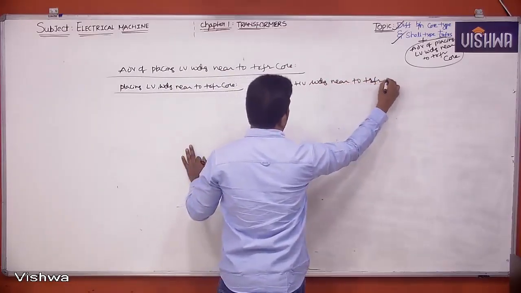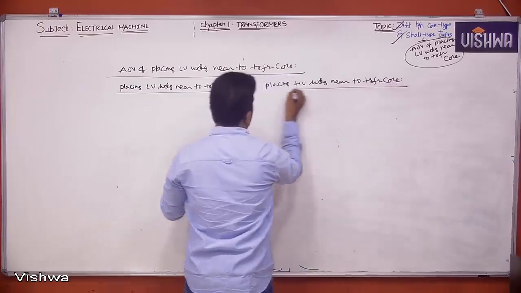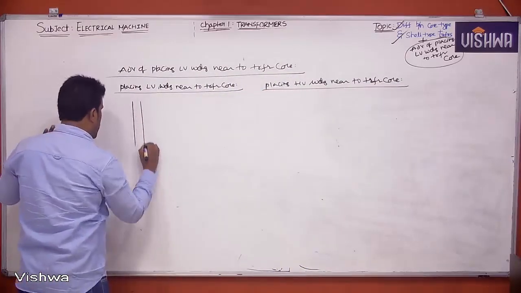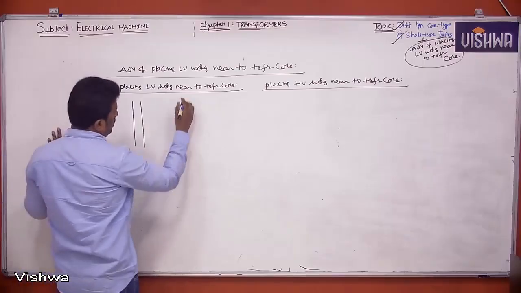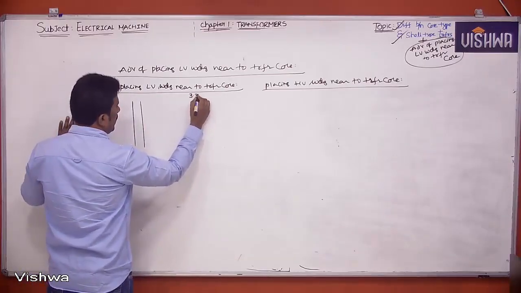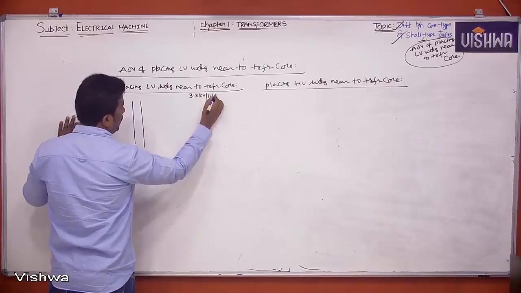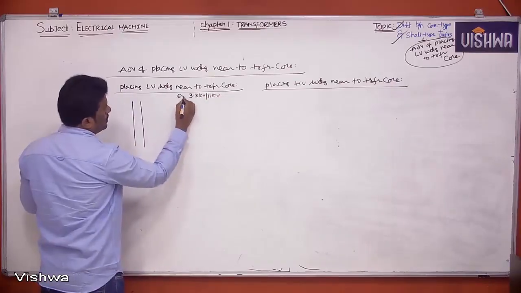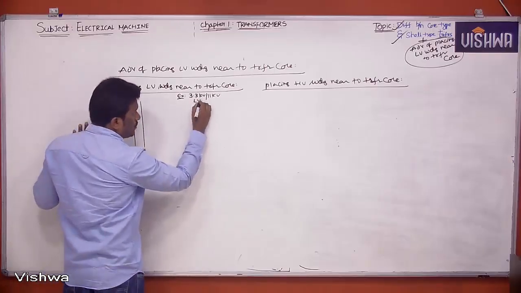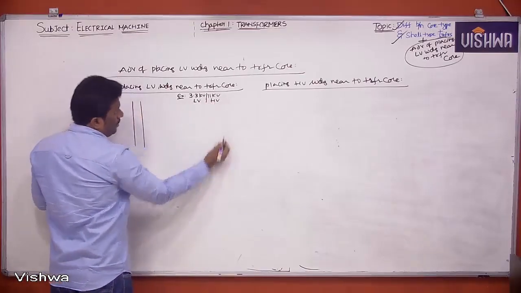So, example: let me take a 3.3 kV by 11 kV transformer. It has a low voltage winding and a high voltage winding.